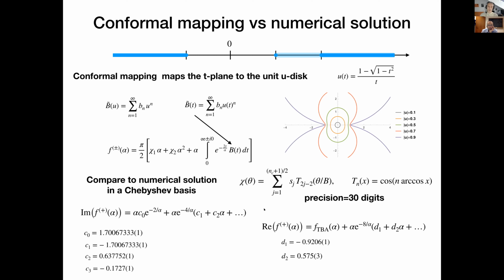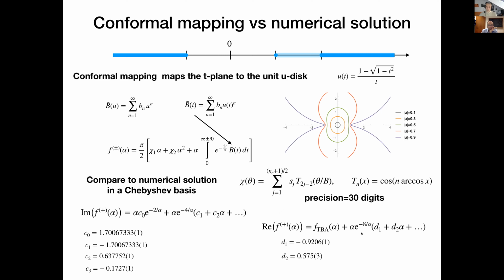Of course, you could say I shouldn't worry about the imaginary part because I could just average f plus and f minus and it would disappear. But what was a bit more surprising is that if you do so, and you analyze the real part, the real part still deviated from the TBA result, which we believe is the exact physical value.